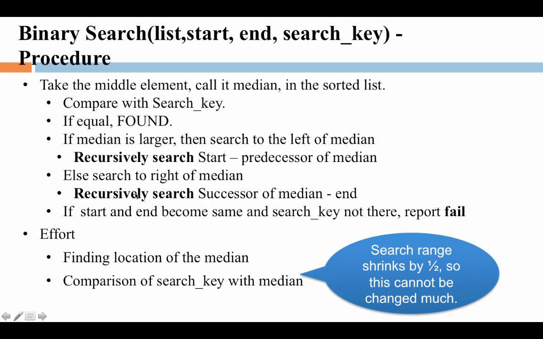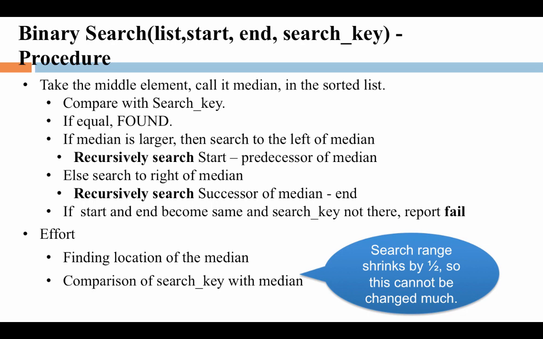If start and end become the same, then if the search key is not in that particular location, we report failure. The other way of thinking of it is that when the start and end cross each other and you have still not found the search key, then it means that the search key is not available in the given data set. It's a small exercise to formally write a mathematical argument which supports this.